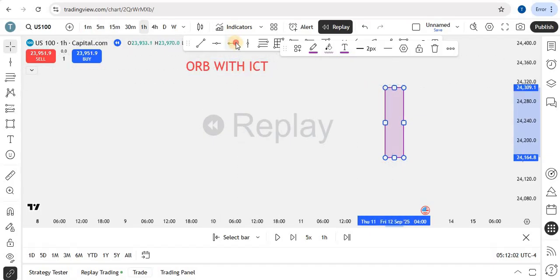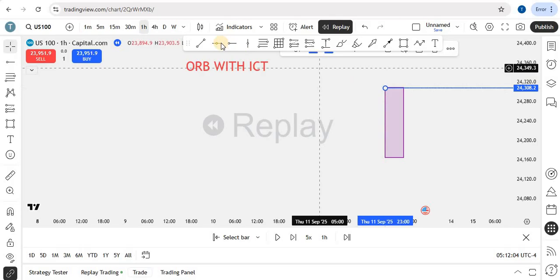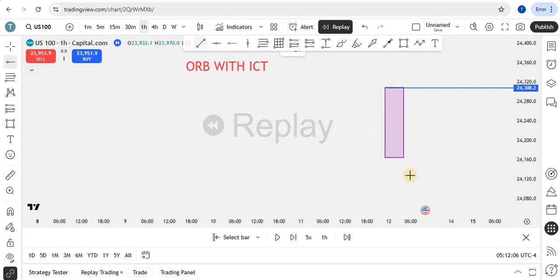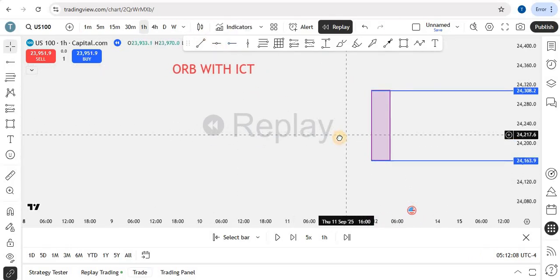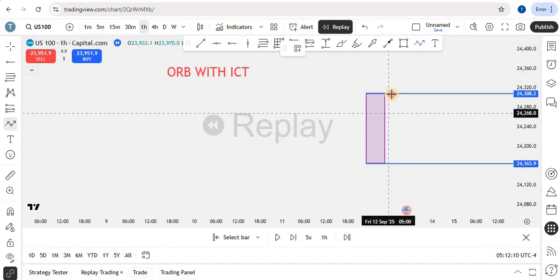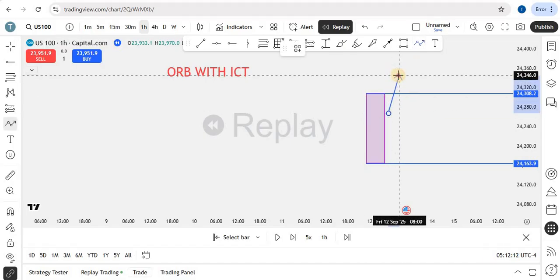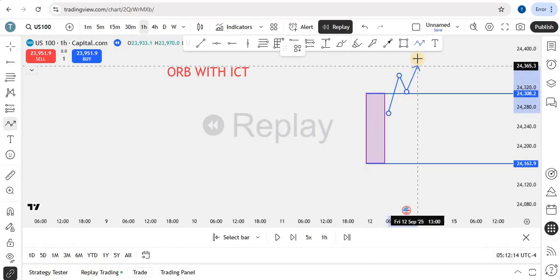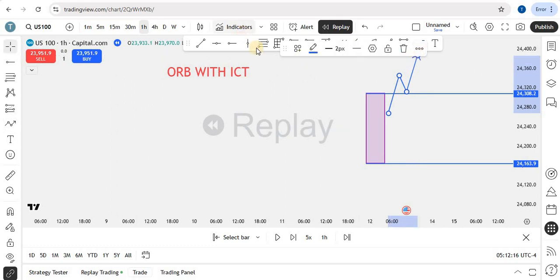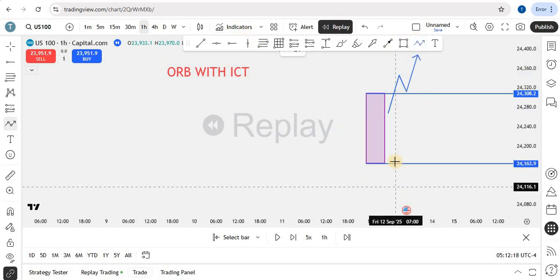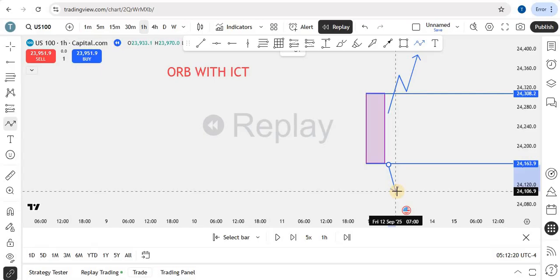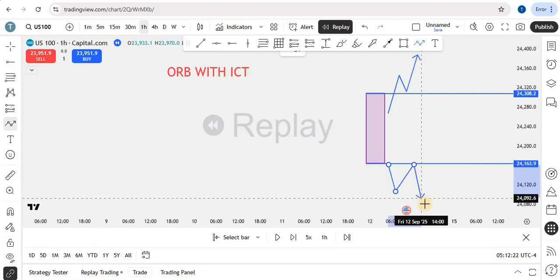They mark the 15-minute candle high and low, and then they wait for breakout from upside or downside, and on the retest of it they buy, and on a break down from downside, retest and sell.